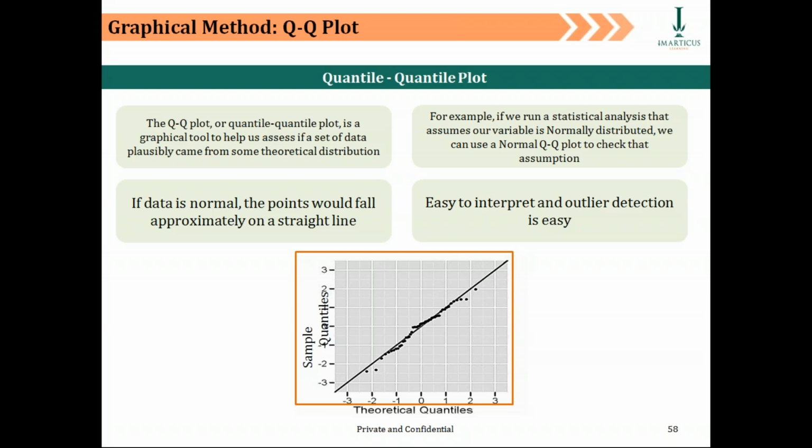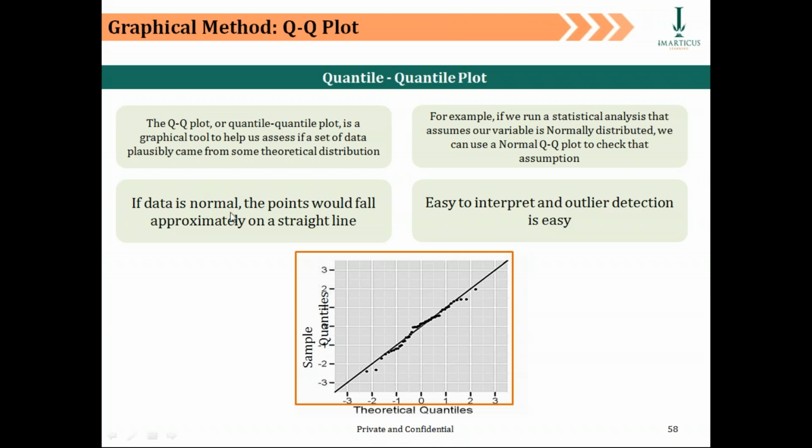It's saying that it is easy to interpret and outlier detection is easy. So the best part with QQ-plot is you can easily do the interpretation and you can find the meaning. It is quite easy. Clear?